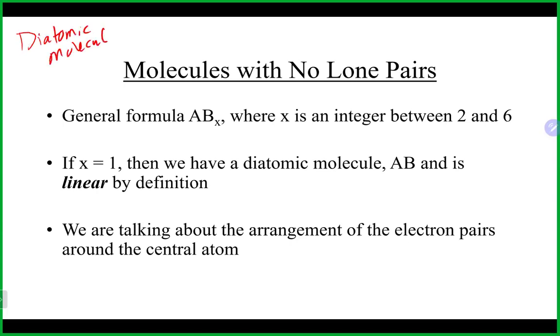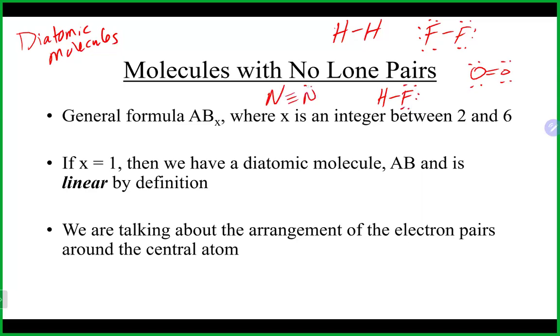Because the diatomic molecules only have two atoms involved, so like our H2, our F2, our O2, our HF, our N2, no matter what it is, it doesn't matter if it is two of the same elements, two different elements, it's got a single bond, a double bond, a triple bond.